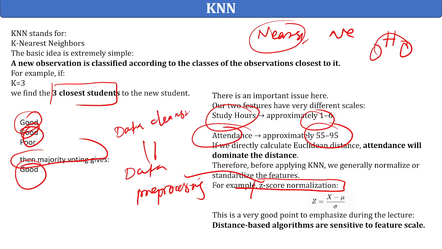Let's say I have muscle signal or ECG data. I need to remove the power line interference or any sort of noise, so I do the data cleansing.